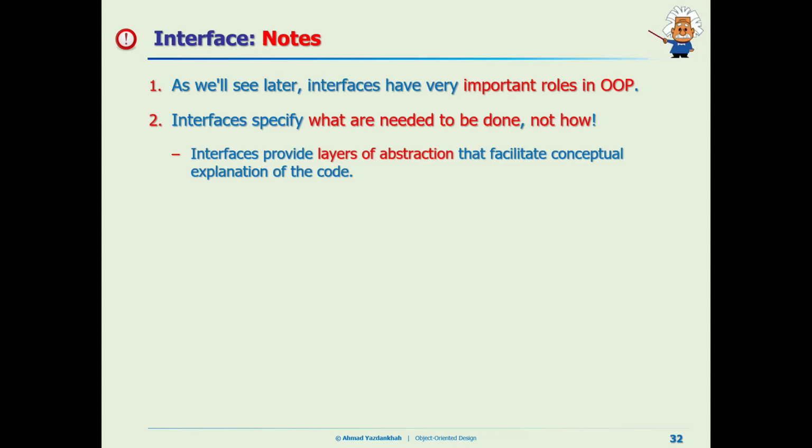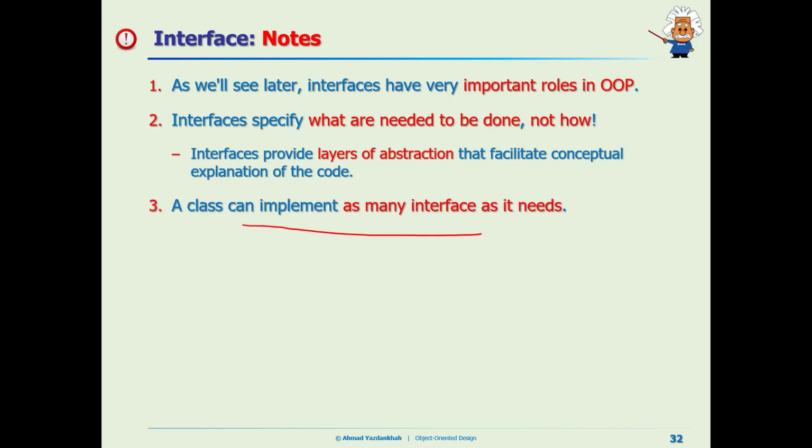It means that they tell us what should be done. Since the implementation is not important in an interface, they don't say how to do things. They just say what should be done.